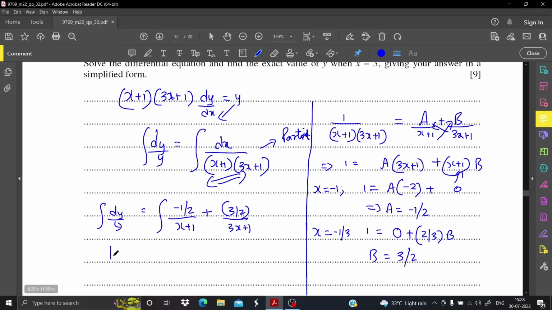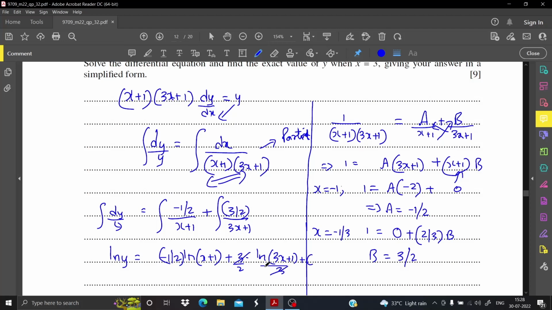So integrating on both sides, you have log y equals minus half, integral of 1 by x plus 1 is log of x plus 1. And here it is 3 by 2, integral of 1 by 3x plus 1 will be log of 3x plus 1 by 3 plus c.